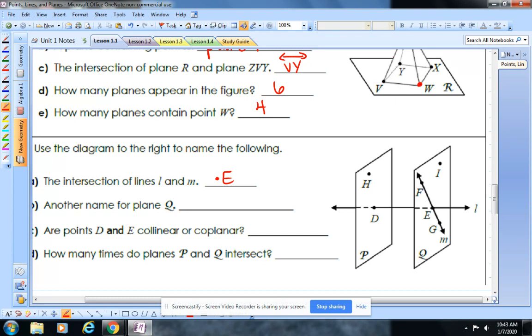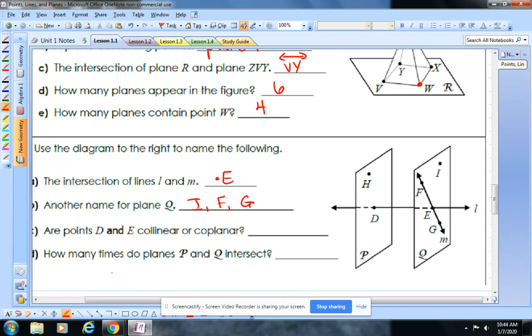They can't be on the same line. So you can't use G, E, and F only, right? Because those are all collinear. If they're in the same plane, they need to be different points scattered around. So give me 3 points that are in plane Q, somebody. I, F, and G. Very good. So you'd probably want to use point I somewhere in there, right?